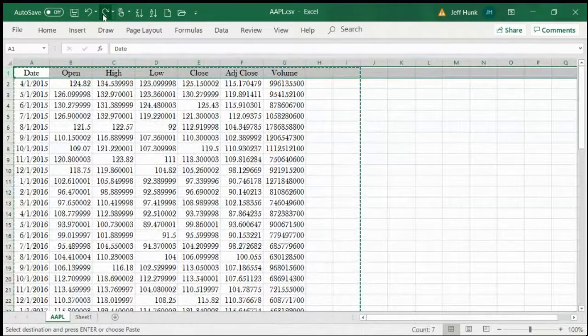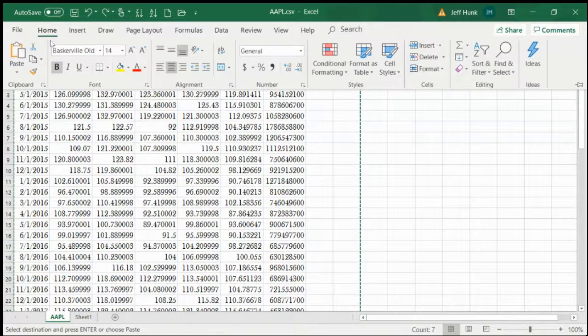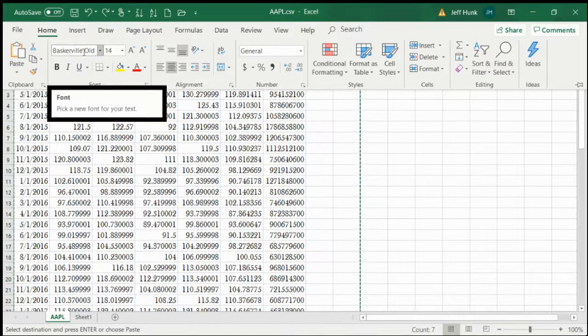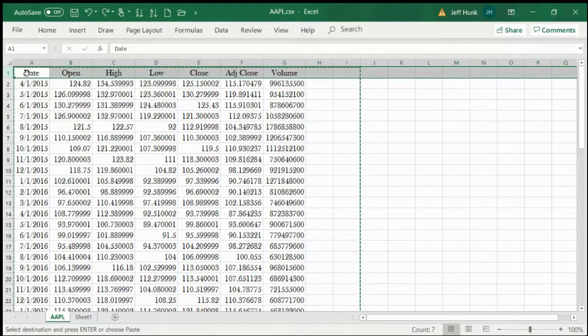While the entire spreadsheet was selected, I changed the font to what I like, and then centered these labels and underlined these labels, and so on.